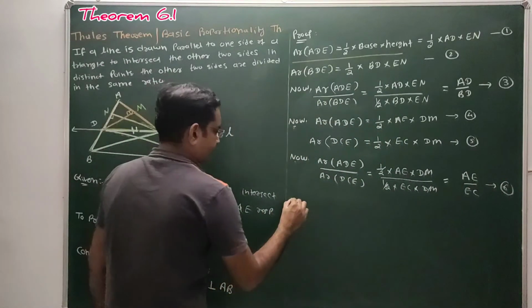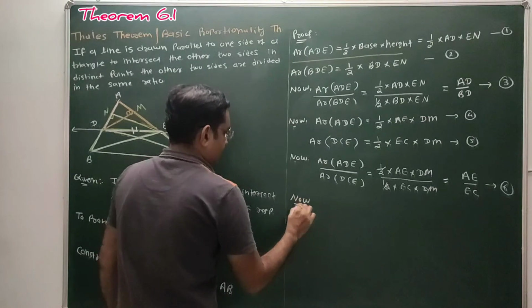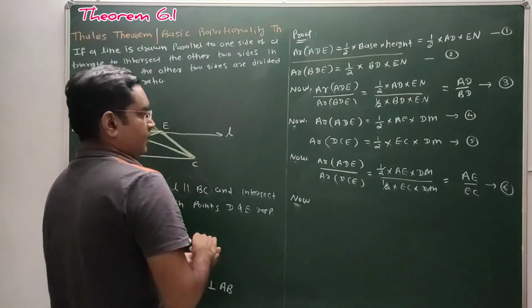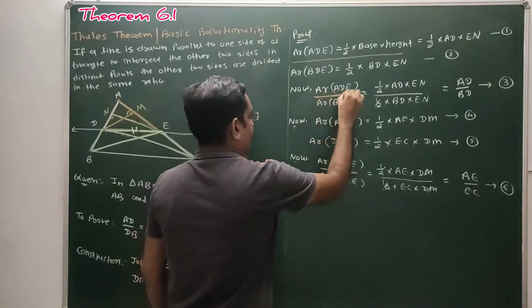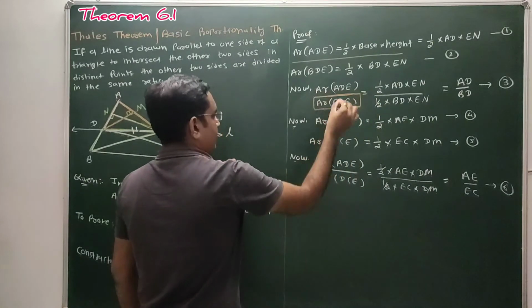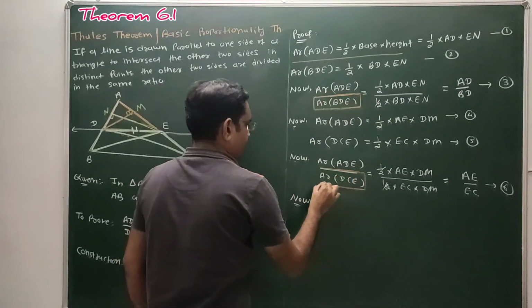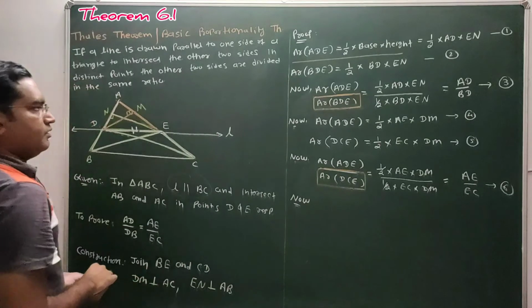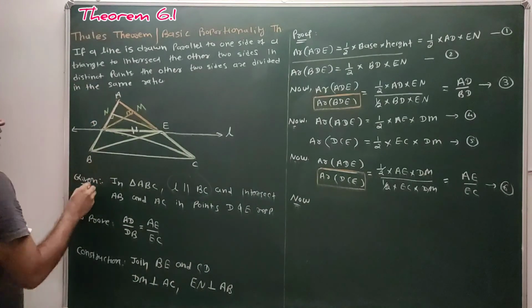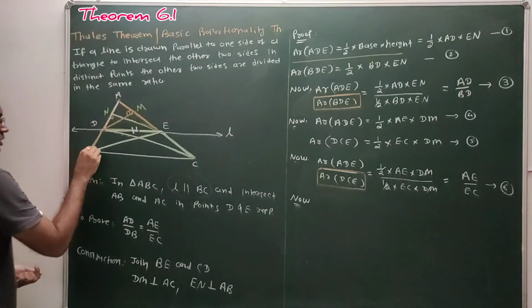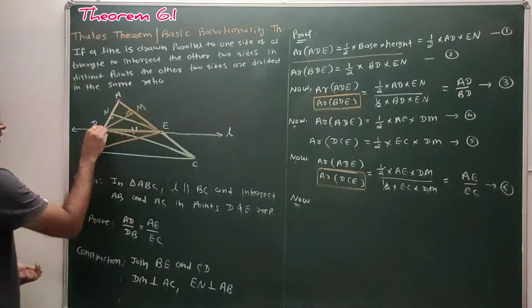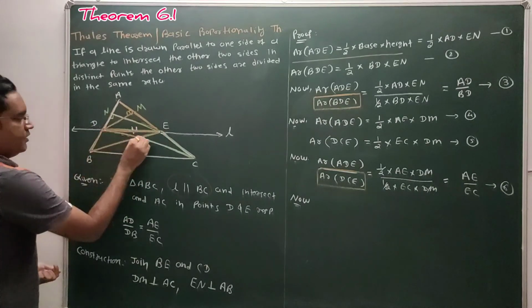Done. Now consider the areas of these two triangles: area of triangle BDE and area of this triangle DCE.